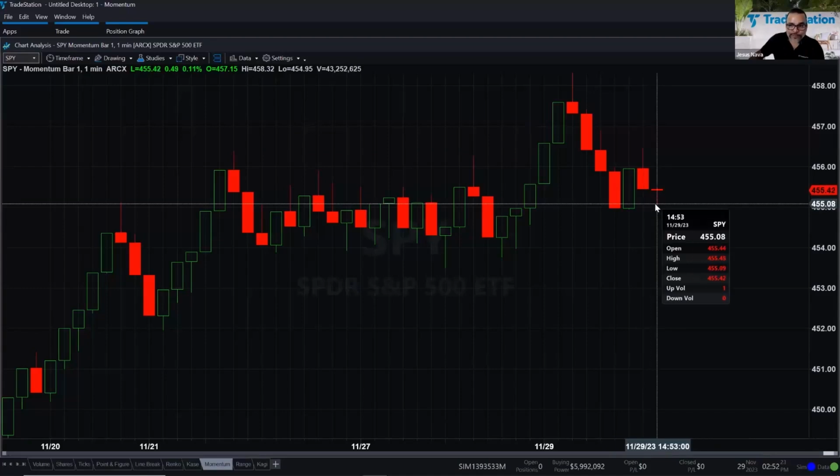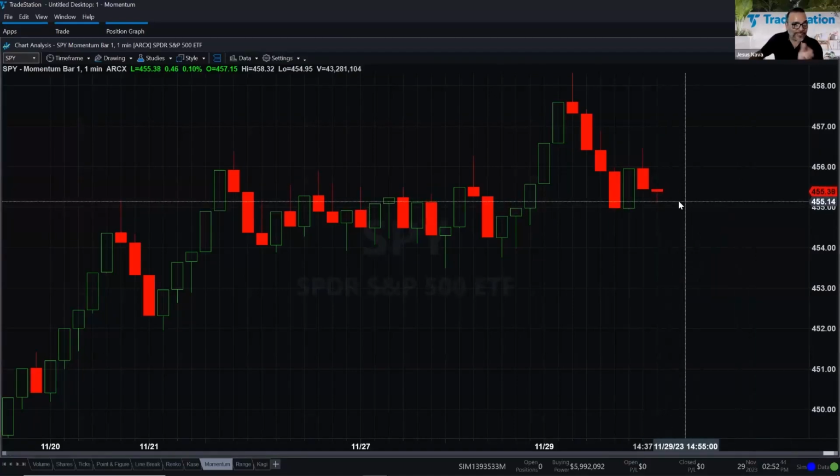The current one, the high is 455.48 and the low is 455.09, which means that the size of this candle from high to low is 39 cents. 39 cents, not quite the dollar that we're looking for.